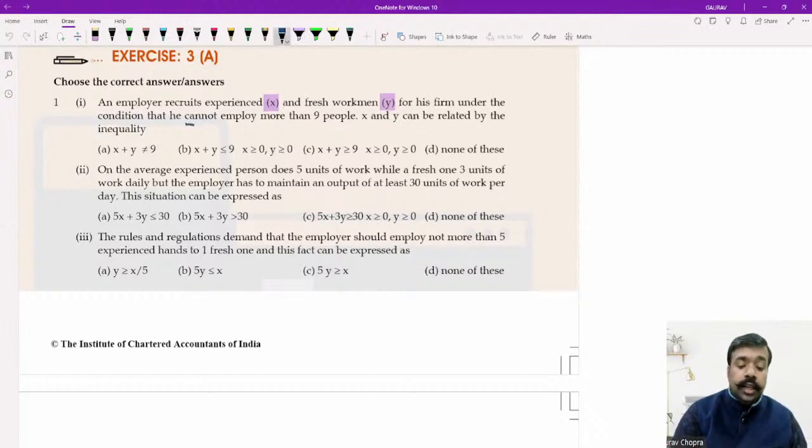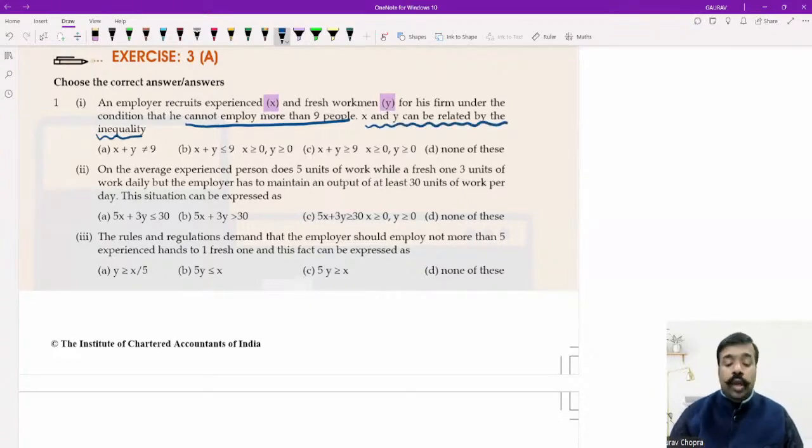What is the limitation? He cannot employ more than 9 people. So X and Y can be related by the inequality. Since he cannot employ more than 9, but he can employ less than or equal to 9, we know X plus Y in total can be less than or equal to 9.